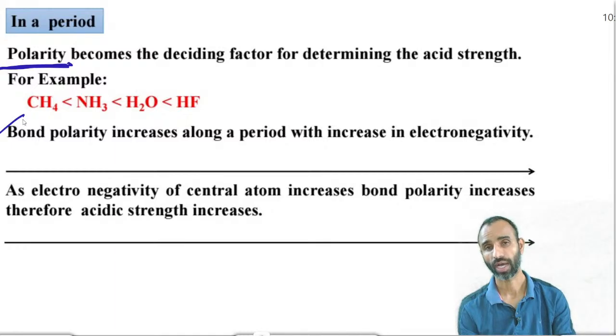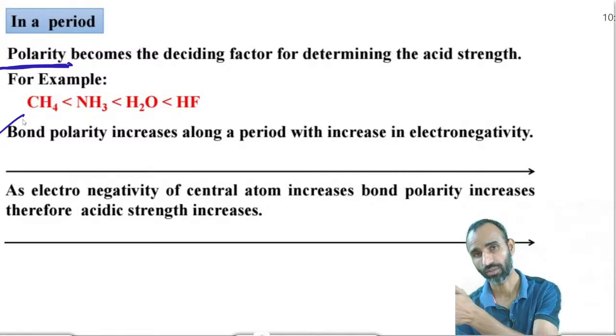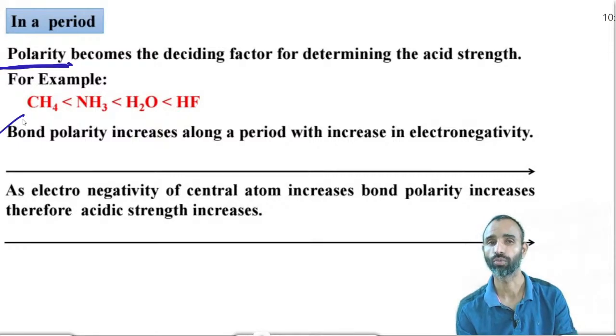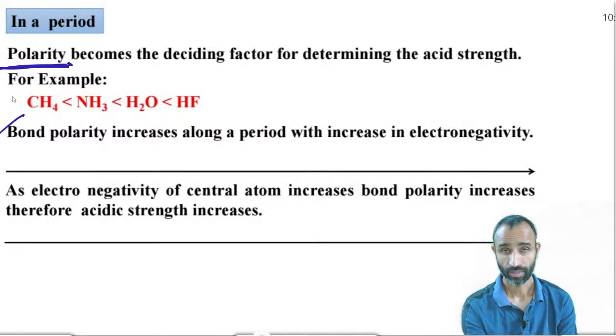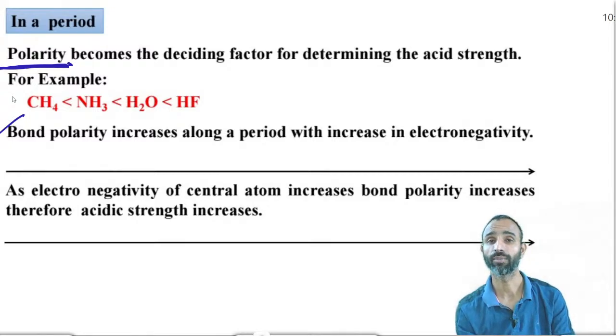So for hydrogen containing compounds, meaning hydrides, along the period as well as down the group, acidic strength increases. Along the period due to increase in polarity, down the group due to decrease in bond strength.